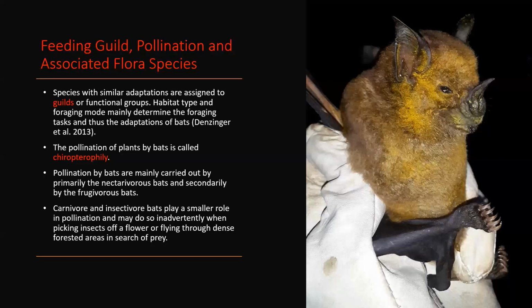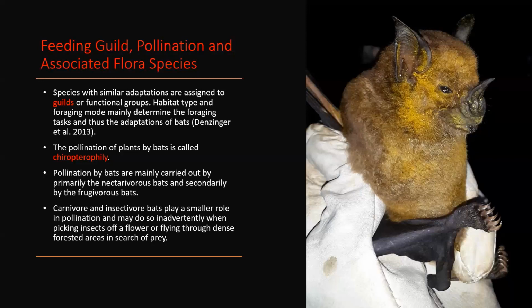Let's now talk about the feeding guilds, the pollination, and associated flora species for bats surveyed in this project. Species with similar adaptation are assigned to guilds or functional groups. Habitat type and foraging mode mainly determine the foraging tasks and thus the adaptations of bats. The pollination of plants by bats is called chiropterophily.